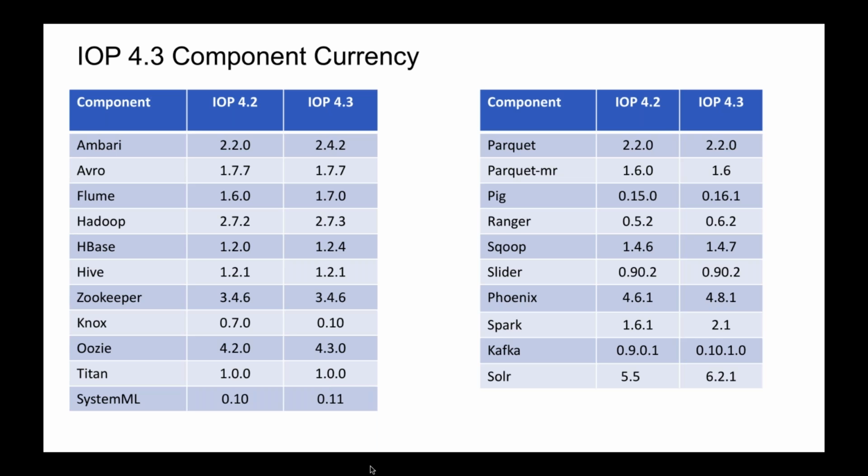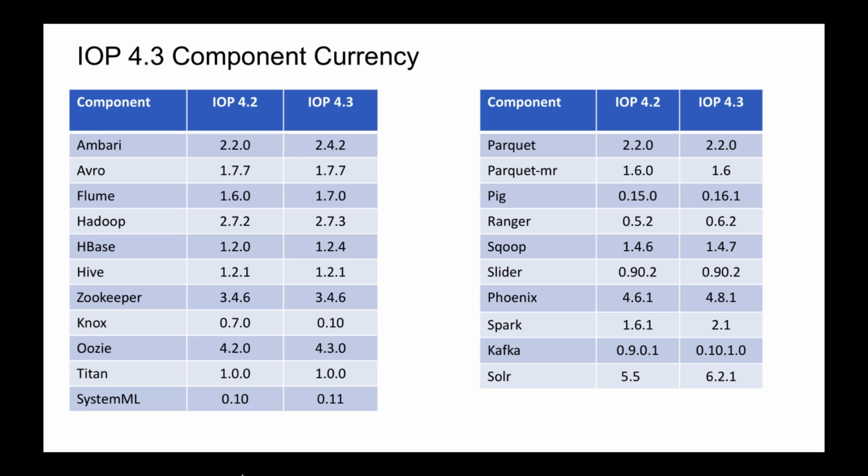So this slide captures the overall component currency for IBM Open Platform 4.3. So it includes a refresh of most of the components. We are shipping more or less the latest version of most of the components that are available.